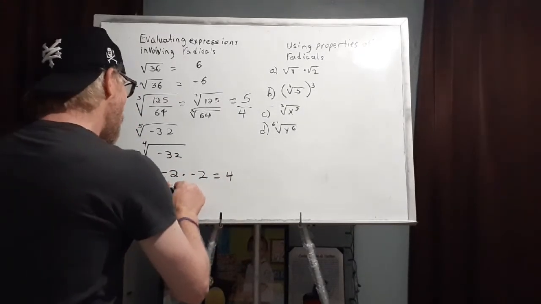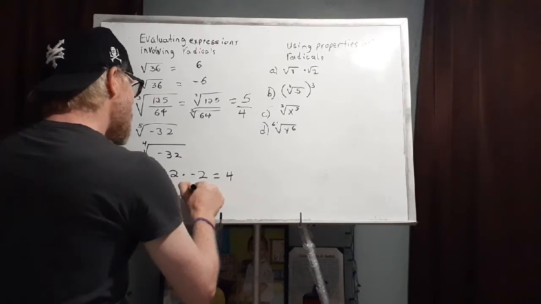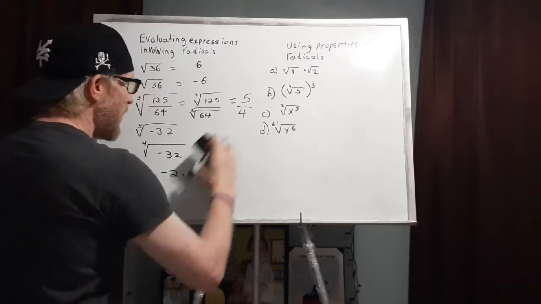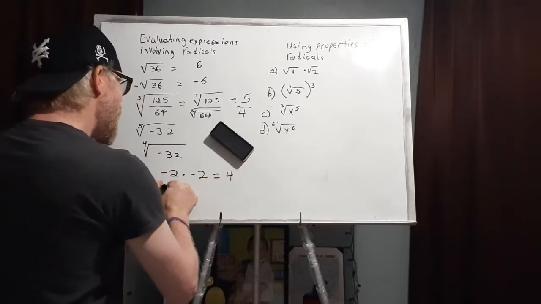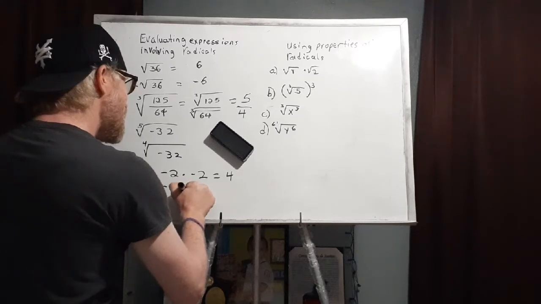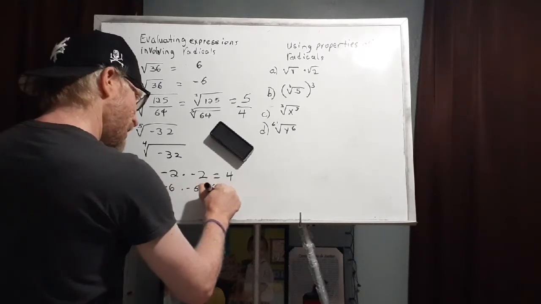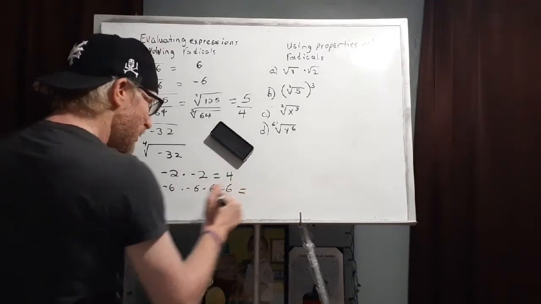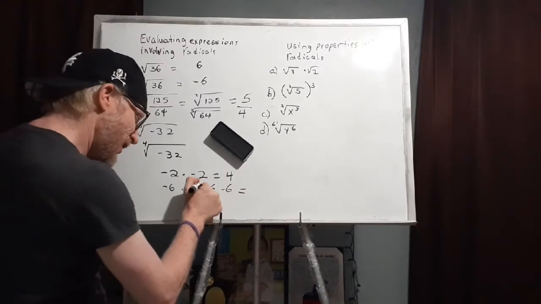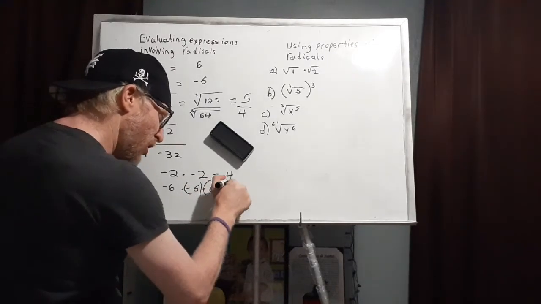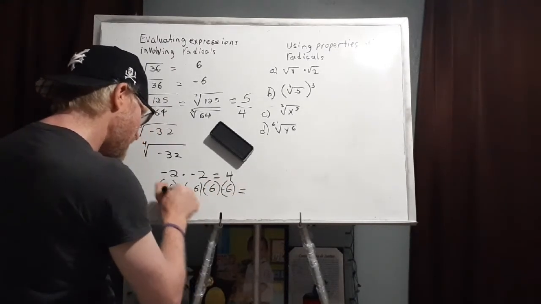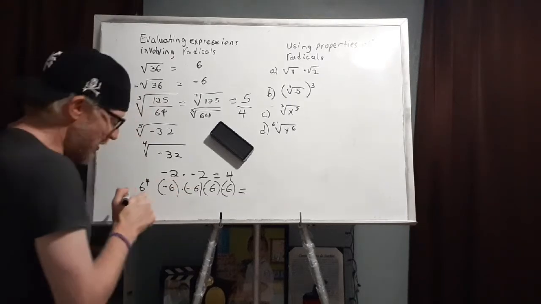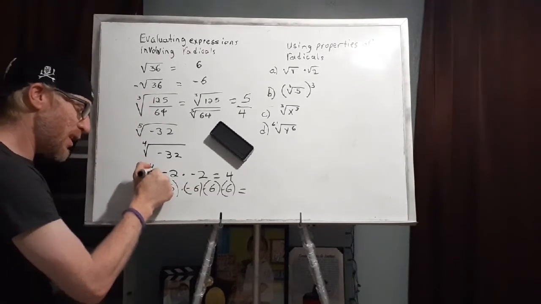And if I say an even number of factors, like negative 6 times negative 6 times negative 6 times negative 6, this will be a positive answer regardless. The reason is because this power has an even exponent.